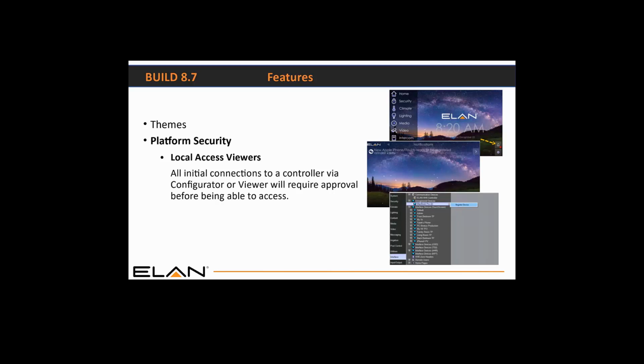It can happen in the configurator, so register device, or what would happen is there's a new notification in the viewer. So if you had an ITP in there and someone connected, a guest came in with their phone and they try to connect, this will pop up. It won't show all the time. It'll pop up with a little red indicator and say, do you want to let this guy on? And you can say yes or no. So that is new security for the platform.